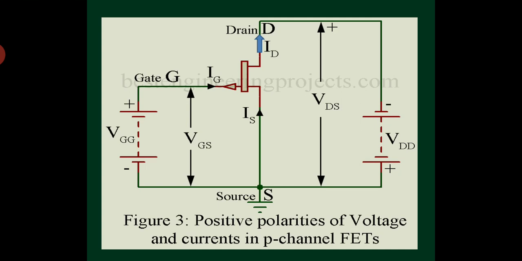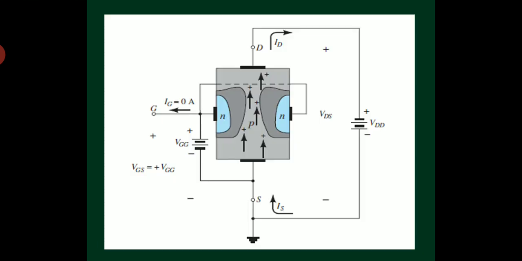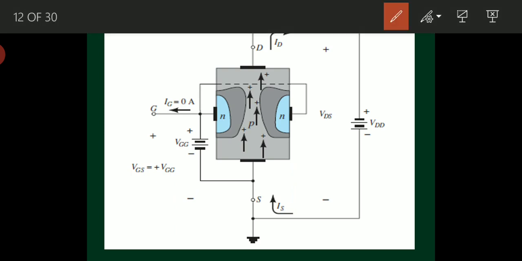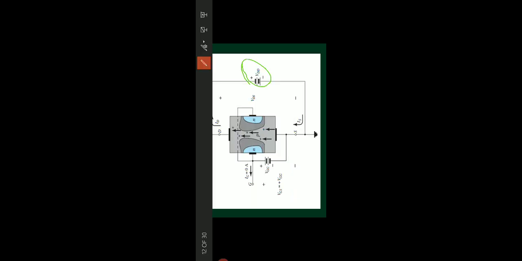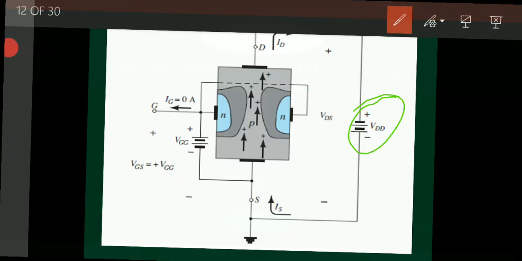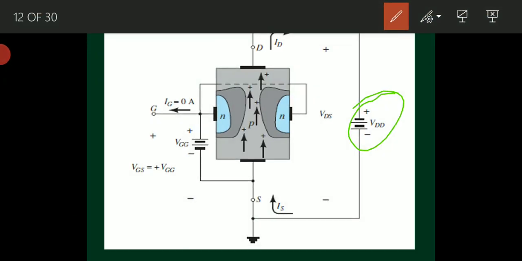Let's go to the schematic once again. This is the P channel JFET. And now, how do I have to give this voltage VDD here?